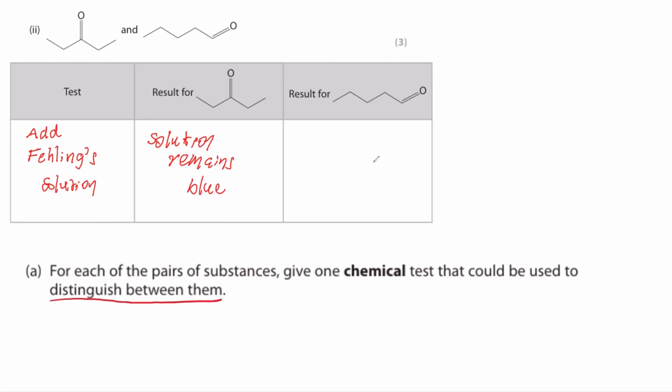But what happens with an aldehyde? An aldehyde can get oxidized to a carboxylic acid, so Fehling's solution, copper 2+ in aqueous solution, will be reduced to copper 1 oxide, which is a precipitate. The color of the precipitate is red. So we can write: red precipitate is formed.